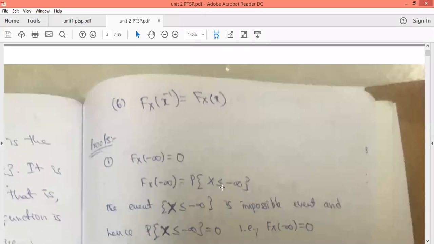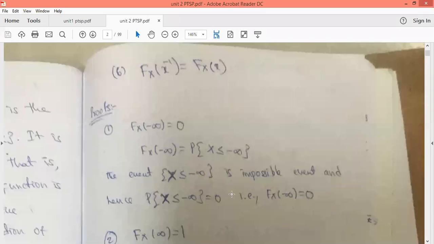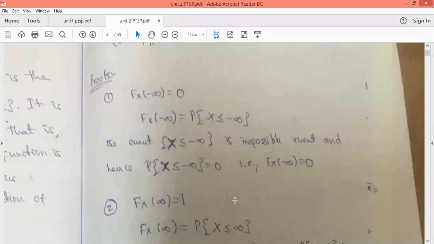Since we don't have any elements before minus infinity, the event X less than or equal to minus infinity is impossible. So the probability of X less than or equal to minus infinity will be 0. This is our first property.